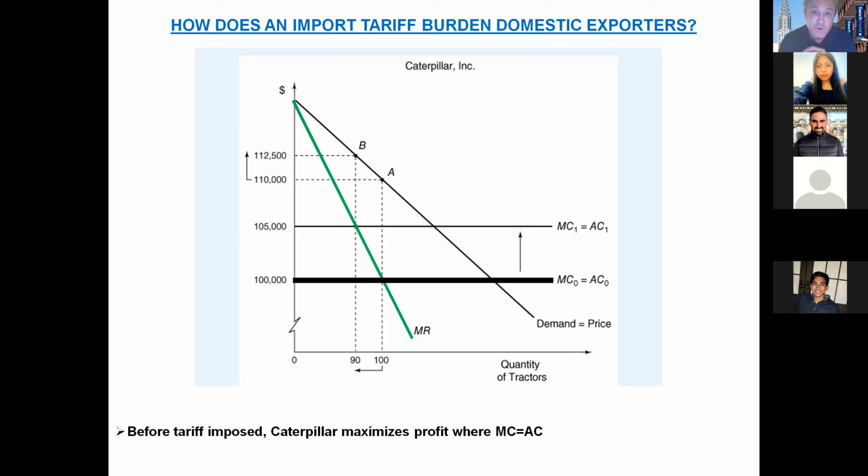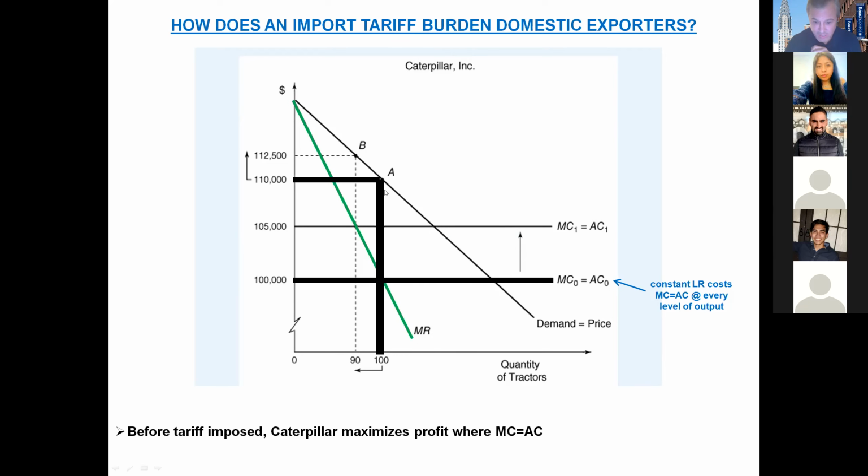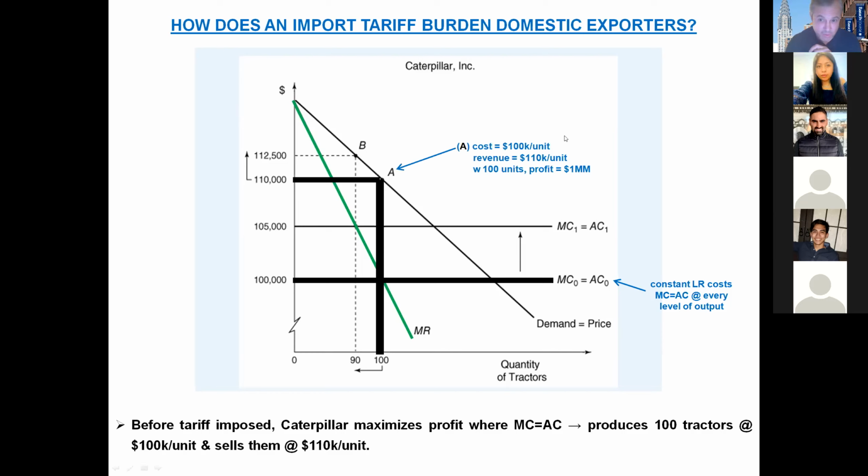So here we are, before the tariff was imposed. Caterpillar is going to maximize its profit where its marginal cost equals its average cost. We see that here: marginal cost equals average cost at $100,000 a unit. So Caterpillar is going to produce 100 units at $100,000 a unit, sold at $110,000 a unit, for a profit of $1 million.